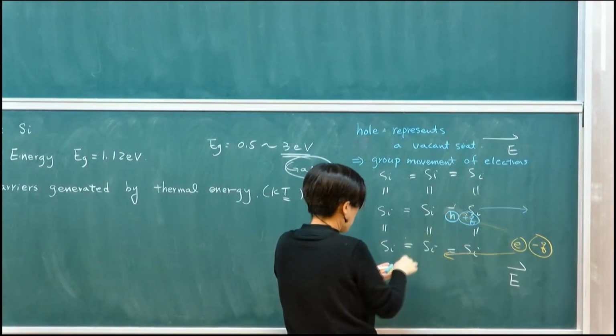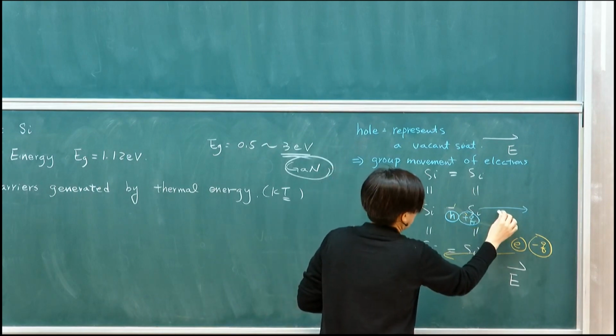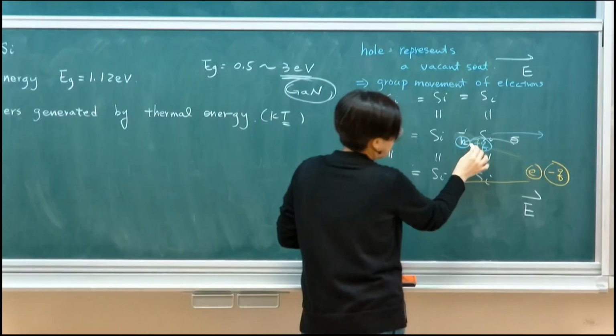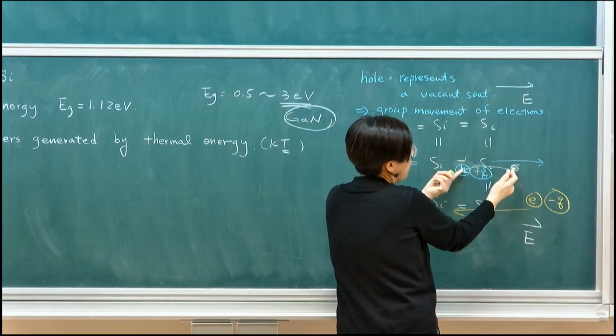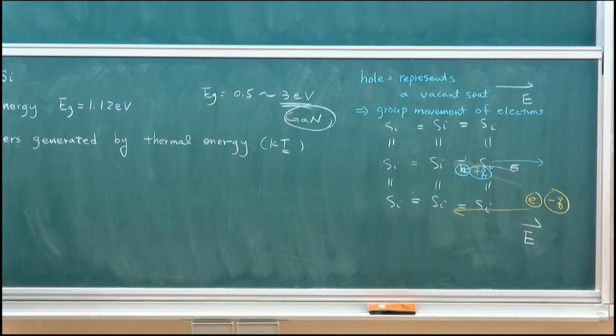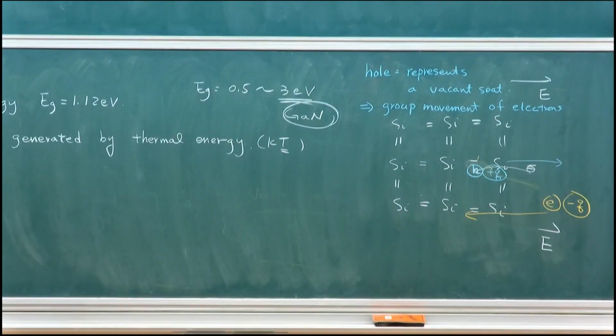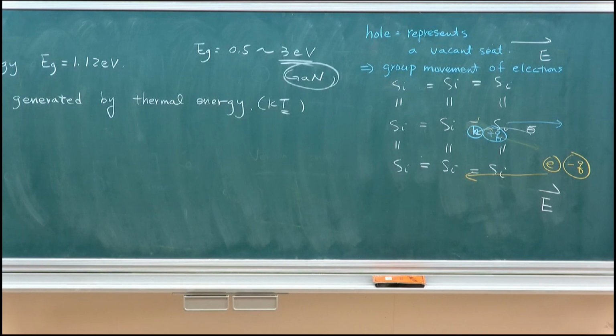If there's an empty seat, the electron on the right side wants to fill the seat because the electric field will pull it over, so the hole will then move to the right. It's like the seat moving around, 像大风吹这样. You have to understand the holes are not physically existing particles. It's just a movement of empty seats inside a crystal.